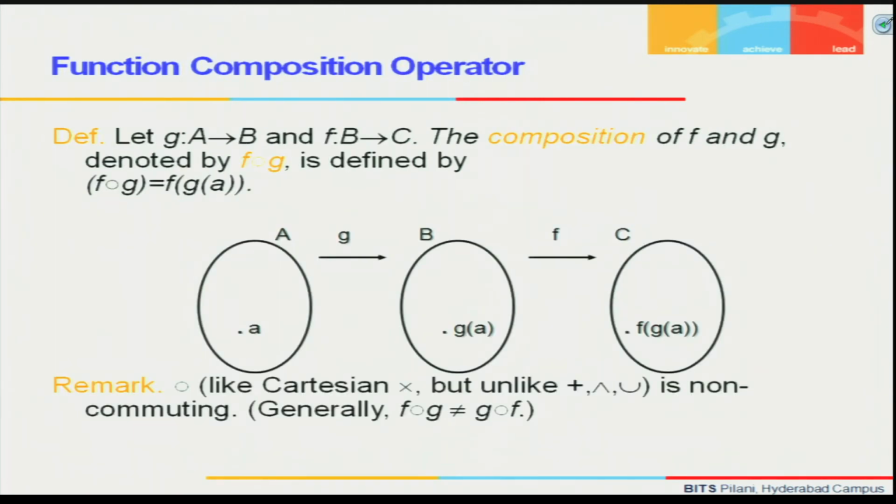So composition operator, if g is from A to B and f is from B to C, then composition of f and g is defined by this: f circle g is defined as f of g of a.